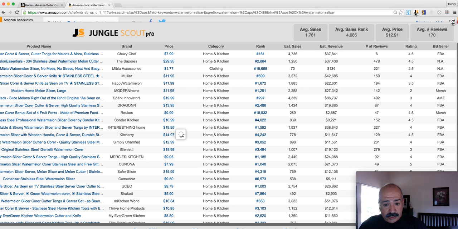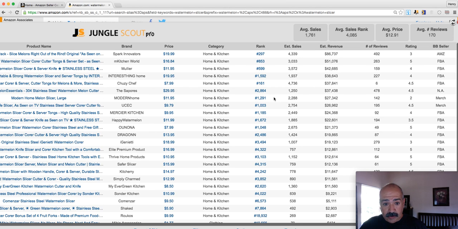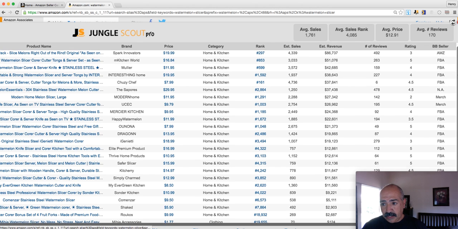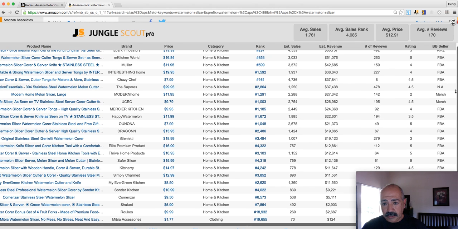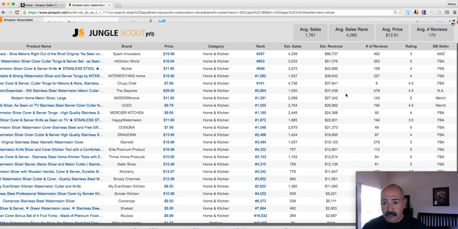So, as you can see, right here, it is still loading. Okay, there's just a lot of sellers, and how I determine if there's a lot of sellers is I kind of look at the whole page. You look at how many people are actually selling this, and you can just kind of go down and see how many sellers.